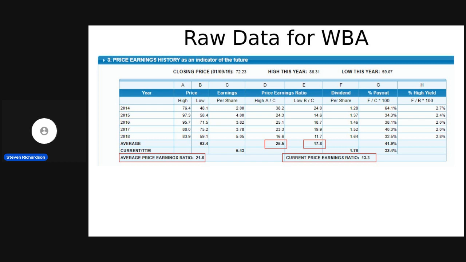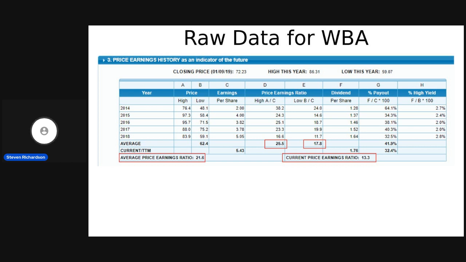The high average price earnings ratio, average high was 25.5. And you can see they're pretty much all in line except for 2018. It dipped down. I don't think as much cost return, but you could cross out that year and it would raise the average price earnings ratio if you were concerned, but it's only 1 year. So we'd have to see what 2019 was like.